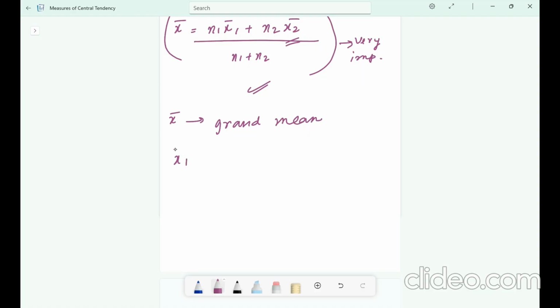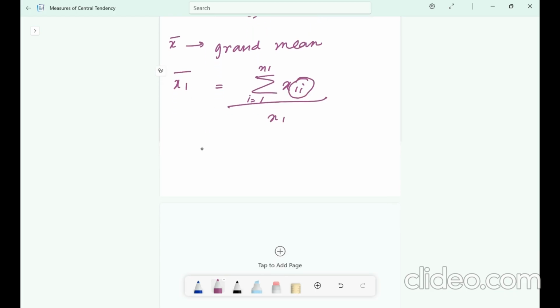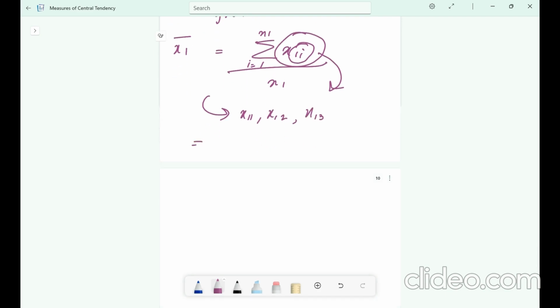Let's say x1 bar is equal to summation x1i by n1, i running from 1 to n1. This means the whole data set x11, x12, x13, and so on. Here, the summation of x1i is n1 x1 bar.